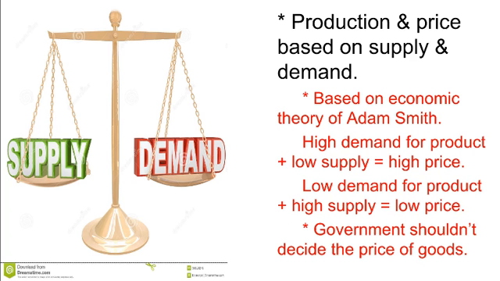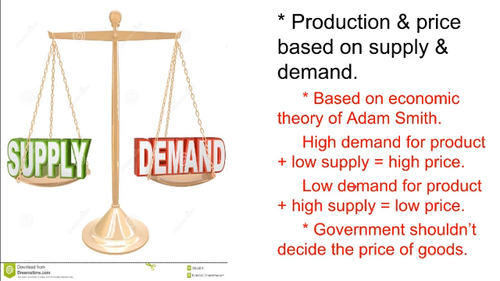Now I can keep charging $100 per shoe, but chances are those 20 customers are not going to buy those shoes. They're going to look for a cheaper alternative. And that means that because there's not enough demand and I have too much supply, I'm going to have to lower my price.